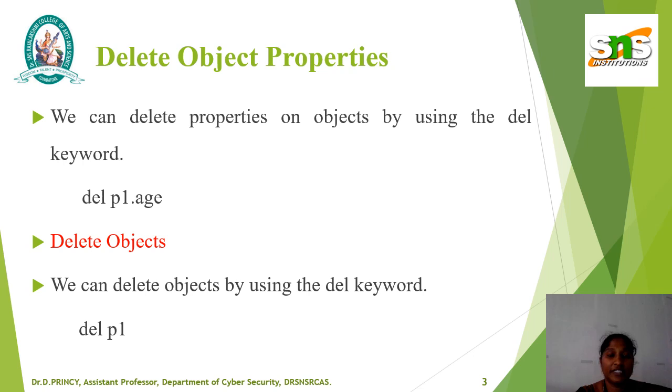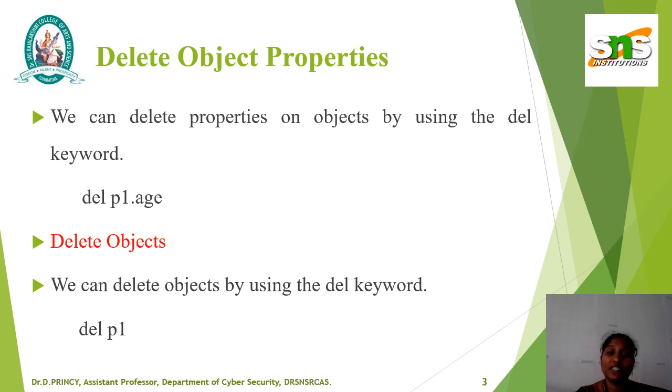Delete object properties. Once the object properties are no longer needed, we can delete them at any time using the del keyword. So del p1.age. The value assigned using the object p1 is deleted, but the object p1 is still there.